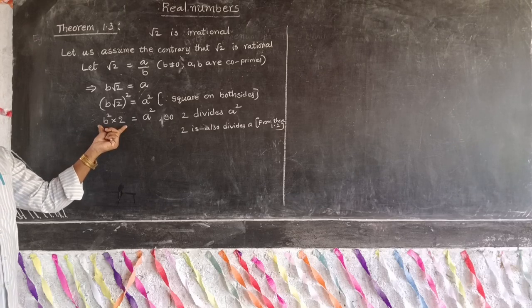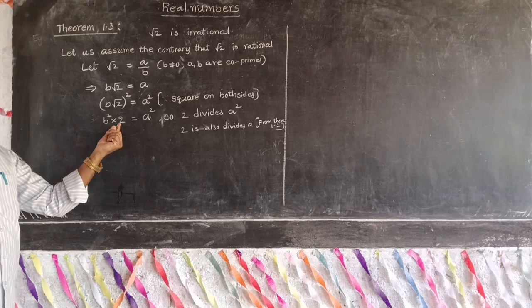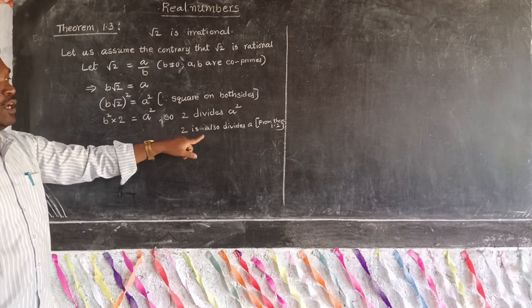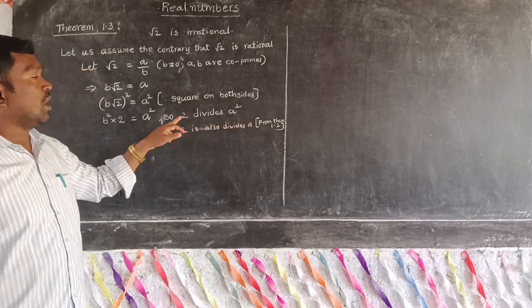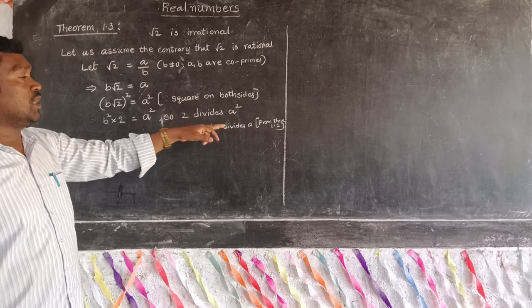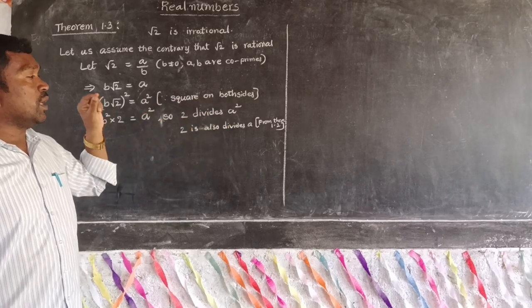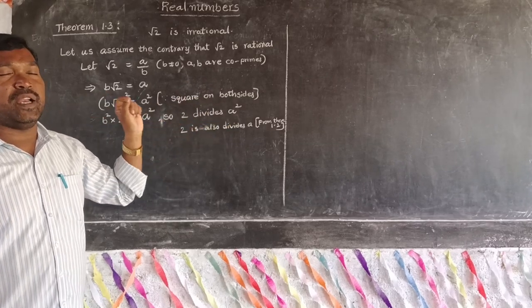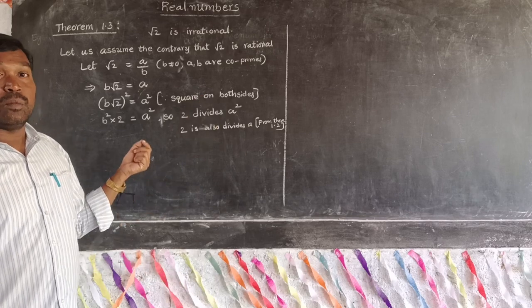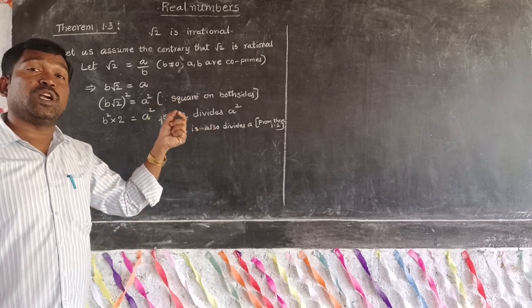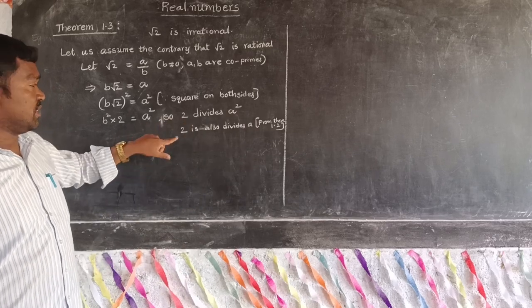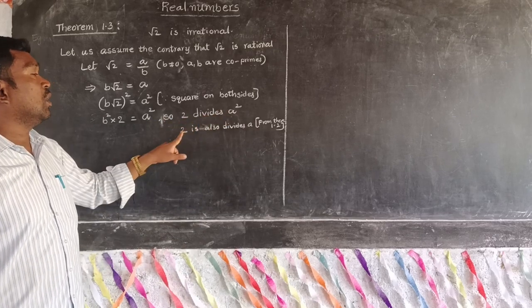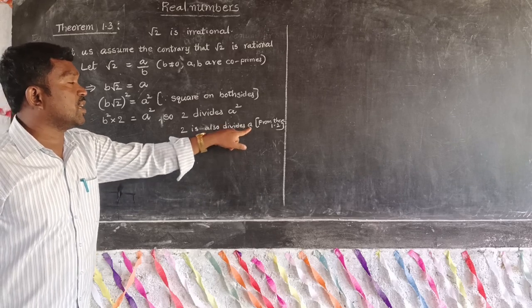Why? b square and 2 both are factors of a square. According to theorem 1.2, 2 also divides a. In the previous theorem 1.2, if p divides a square, p also divides a.